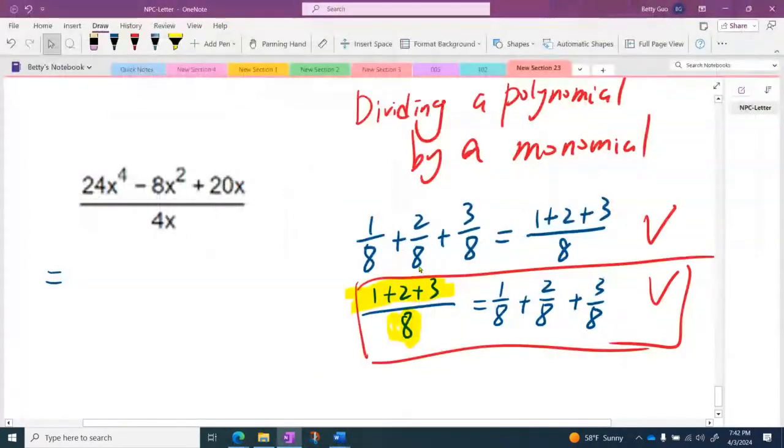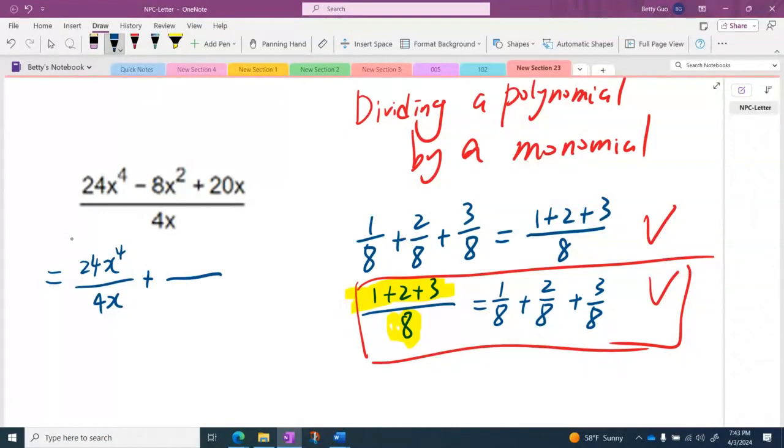Give me 1 second. So we are going to use the first term in the numerator over the monomial on the bottom, the divisor, plus. I always use adding. I don't use minus, okay? Please also use adding. The second term in the top is negative, so please do not just get rid of the negative sign without a reason.